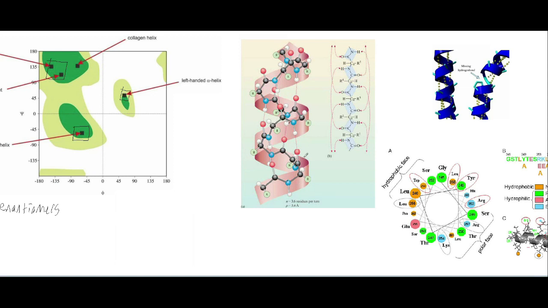If this is an amino acid right here, this would be its nitrogen, and over here would be the carbon of its carboxylic acid group. So here is the carbonyl oxygen, and that creates a hydrogen bond with the nitrogen in the amino acid 3.6 amino acids away.